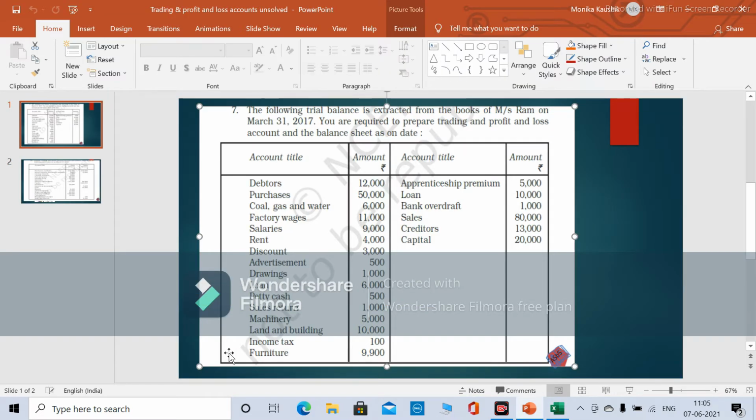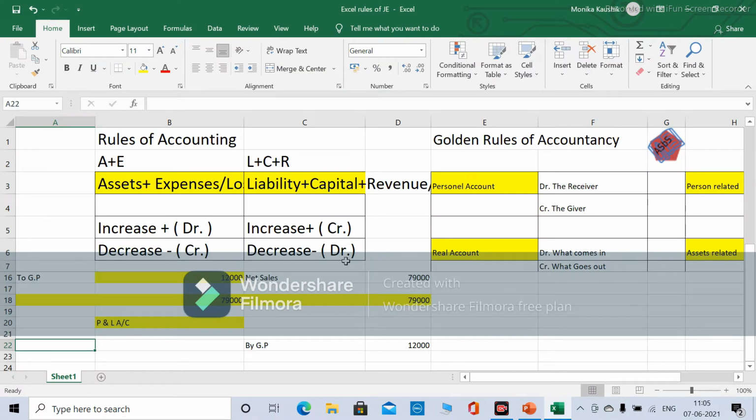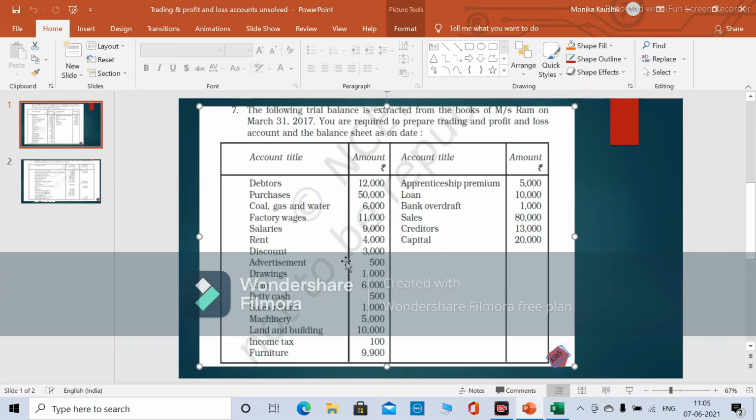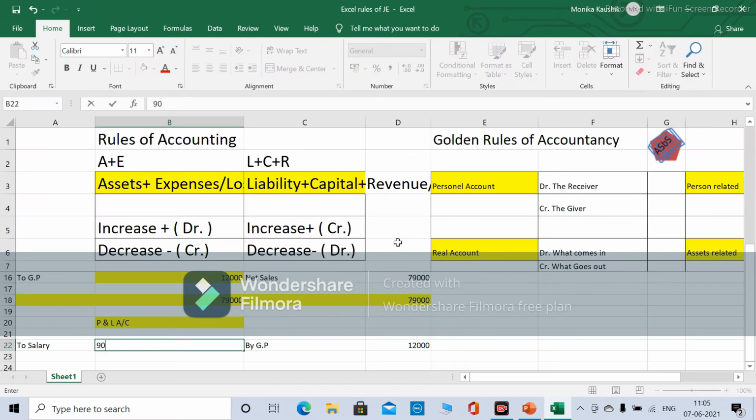Now let's find out the indirect expenses. Debtor is an asset item. Purchases already taken in the trading account. Coal and gas taken in direct expenses, factory direct expenses. Let's start with salaries. This is an indirect expense. Salary, 9,000 rupees.